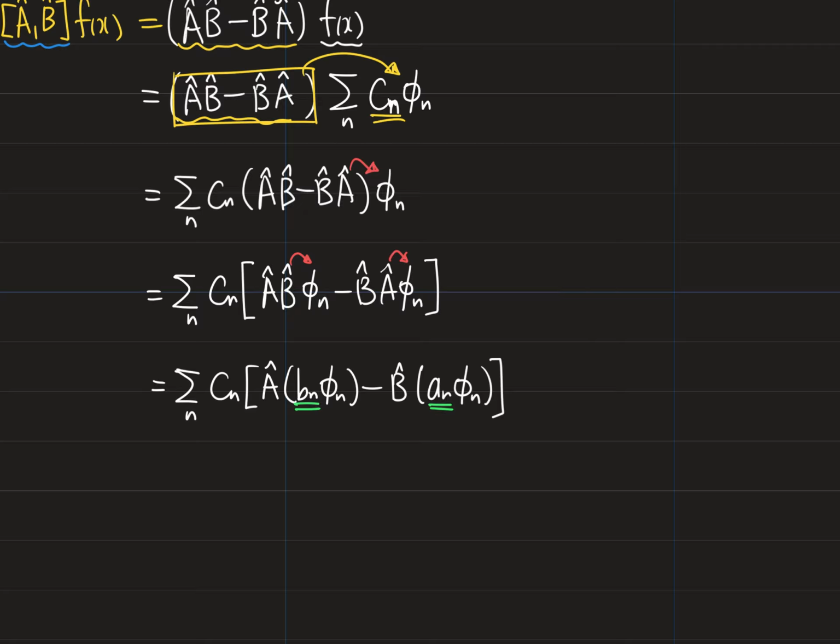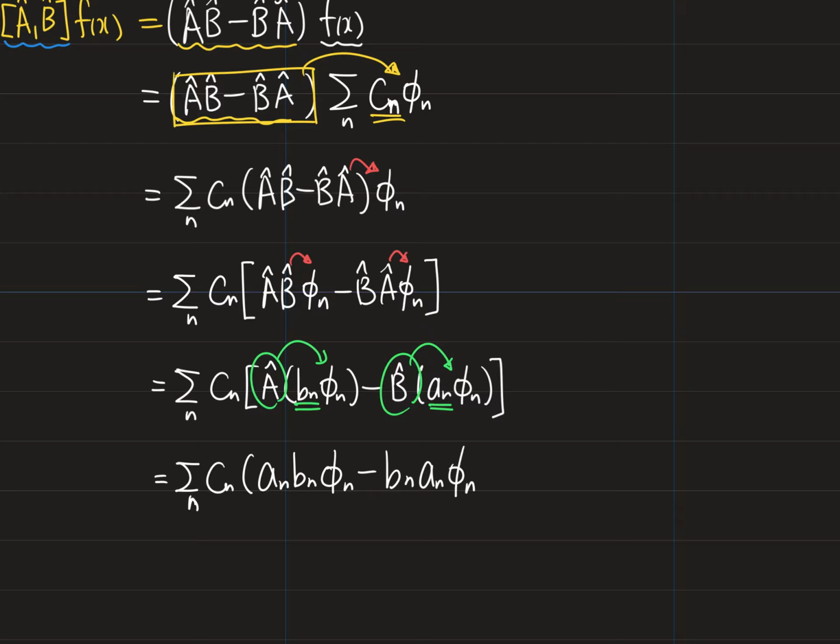So we can plug the operator in between the simple constant and function. So I'm not going to write every detail, but the final result should be something like this.